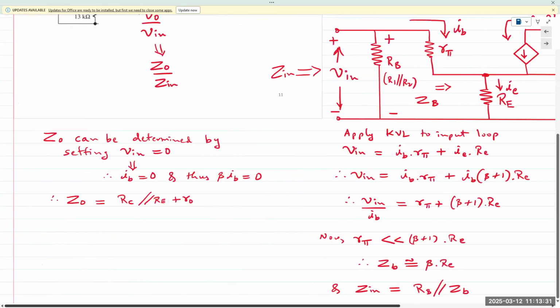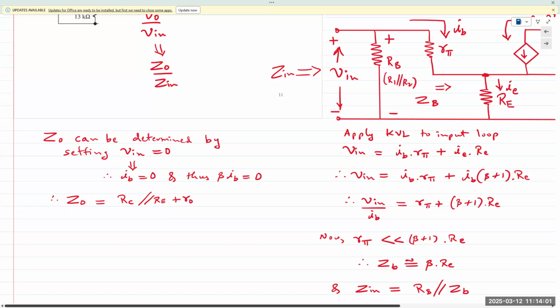So if we have that, we can find VO. Right. So we can take the ratio. Yeah, that's on the input side. So we can do that. There's also another simpler way.